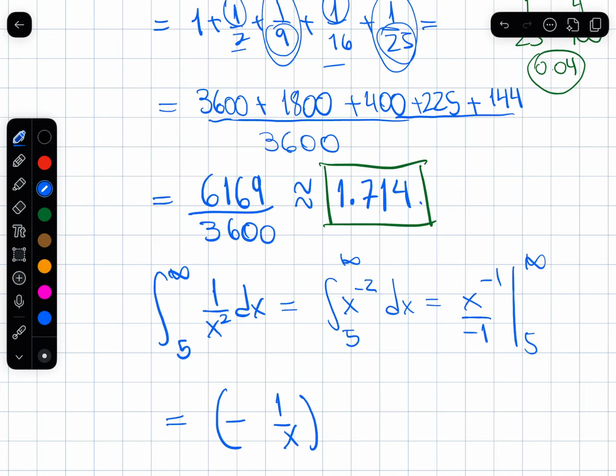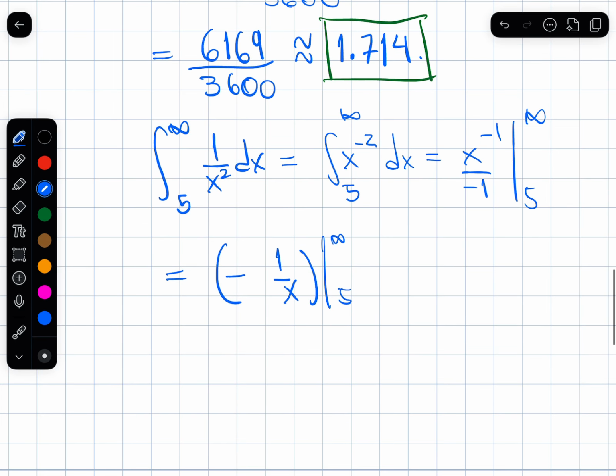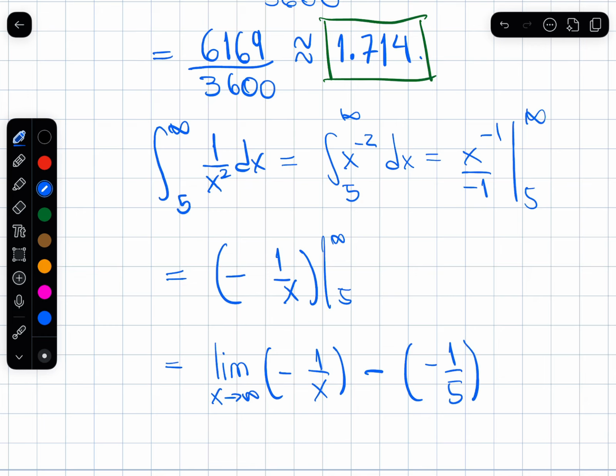But then I plug in infinity, and plugging in infinity means taking a limit, minus, I plug in 5.